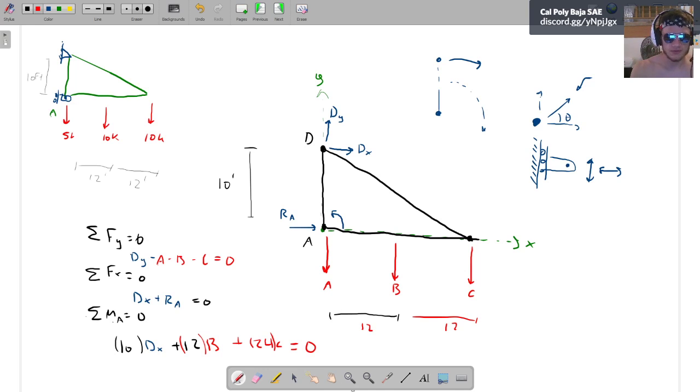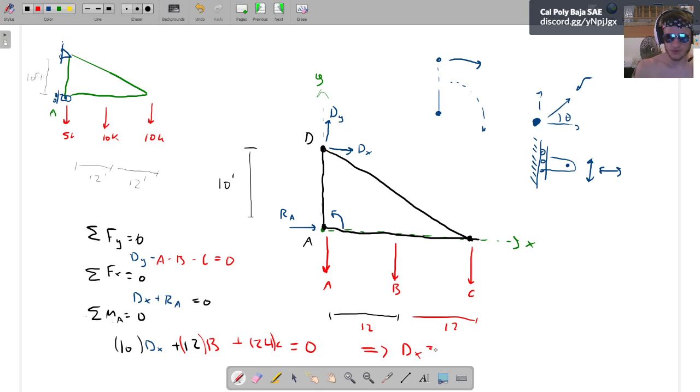From this, the sum of the moments equation, we can say that dx equals, do some algebra real quick, 12 times 10 plus 24 times 10, that divided by 10 equals 36.